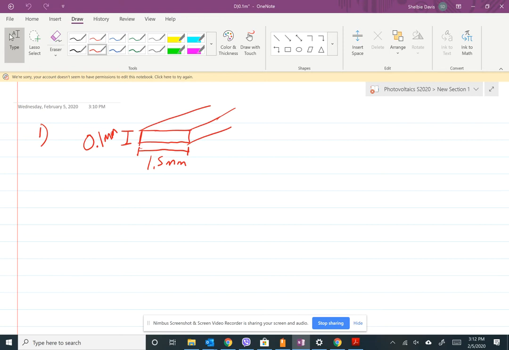Okay, so we know that our resistance is equal to resistivity, because notice resistivity, the unit is in ohm meters, times the length.